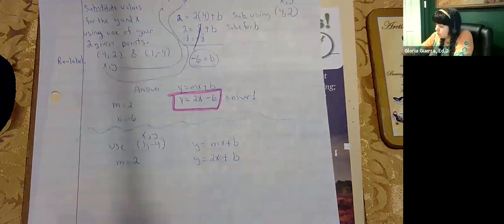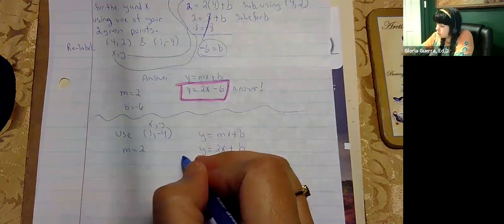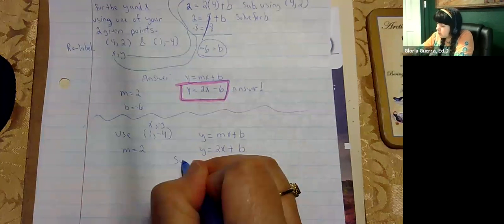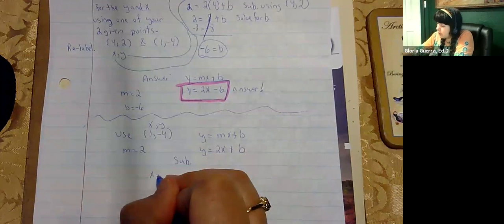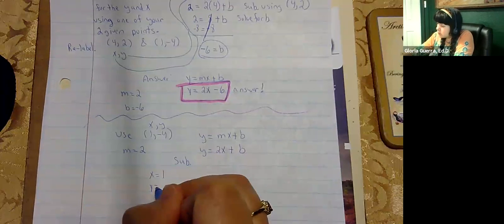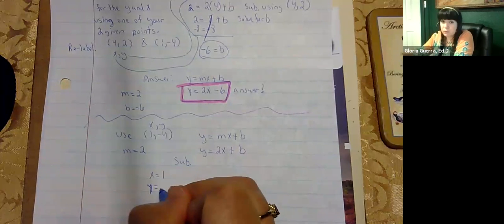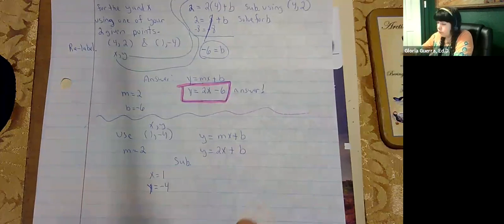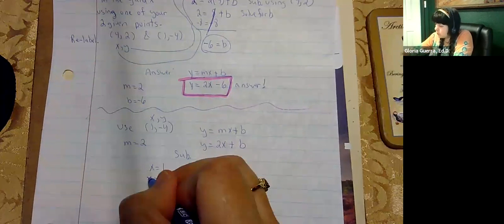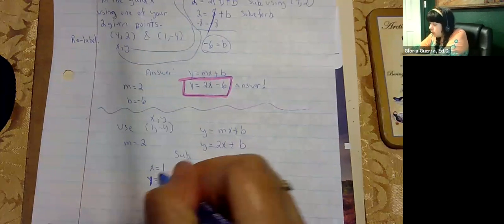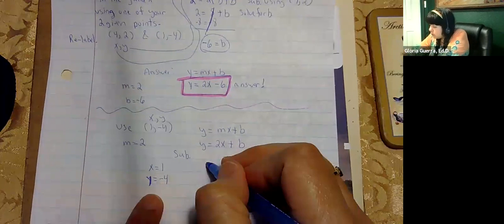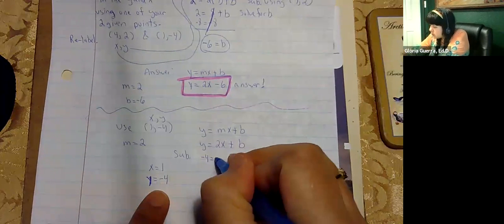Okay, so now you substitute. x is 1, y is -4. So you have -4 equals 2 times 1, plus b.